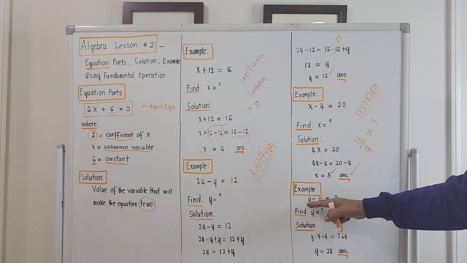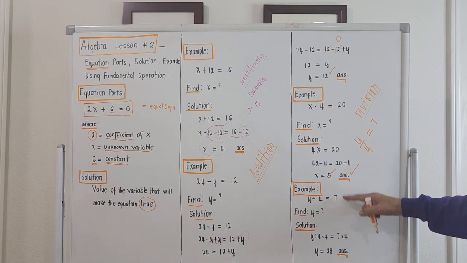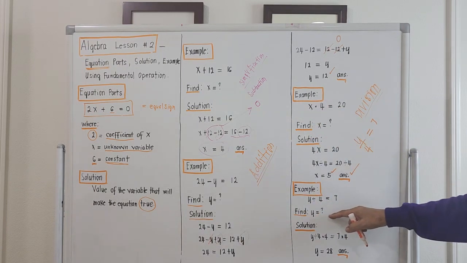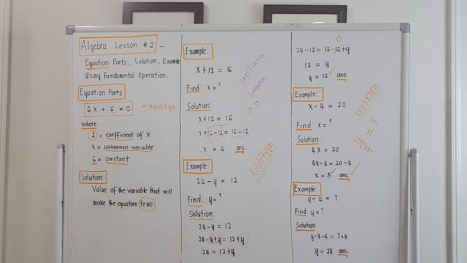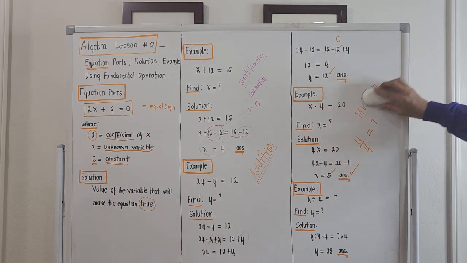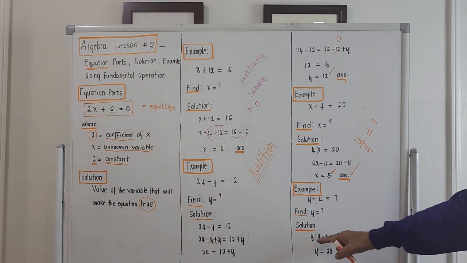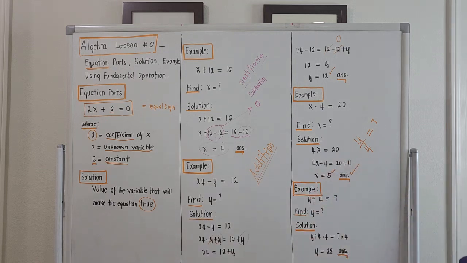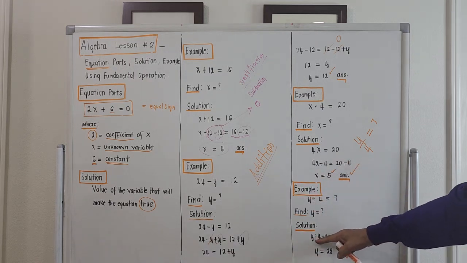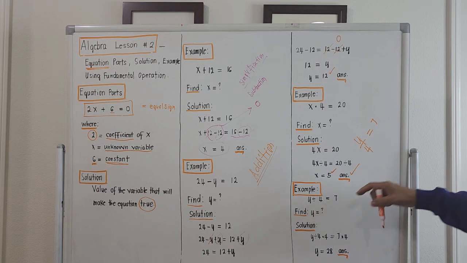So I will read this. y divided by 4 equal to 7. And the problem is asking what's the value of y. Okay? Right? So I just write this one because I am on the board, right? y divided by 4 is equal to 7.